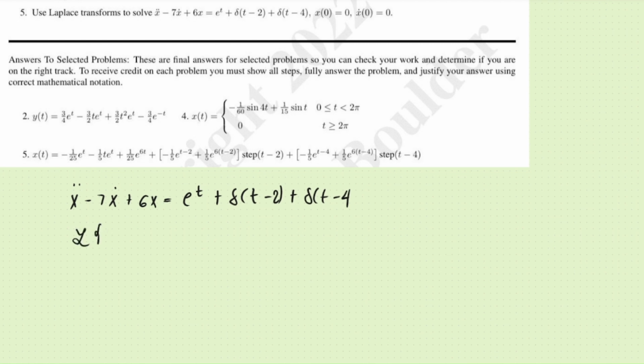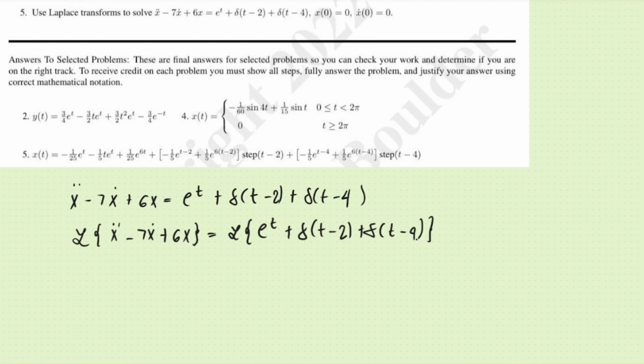By linearity, take the Laplace transform of the left-hand side, and equal to that, the Laplace transform of the right-hand side: Laplace transform of e to the t plus Dirac delta of t minus 2 plus Dirac delta of t minus 4.